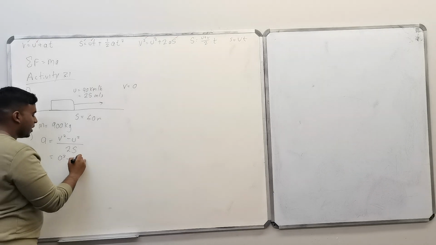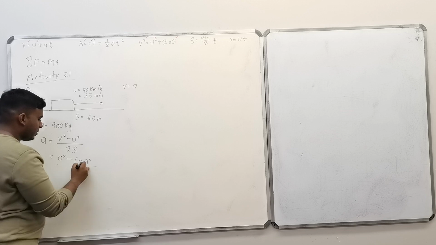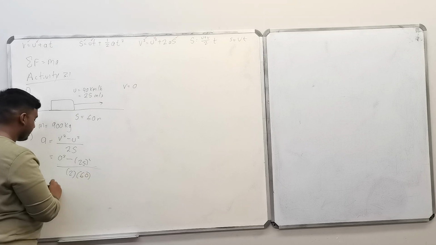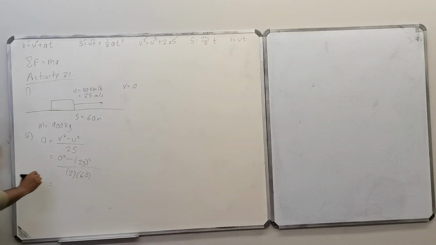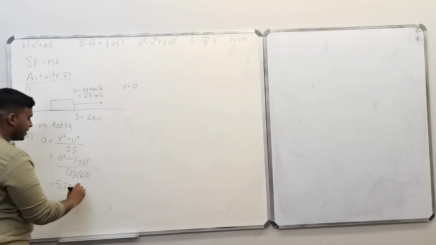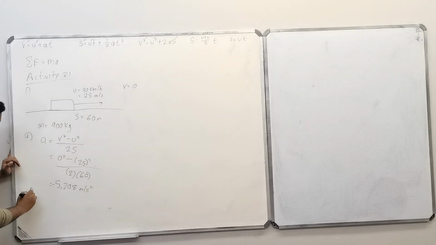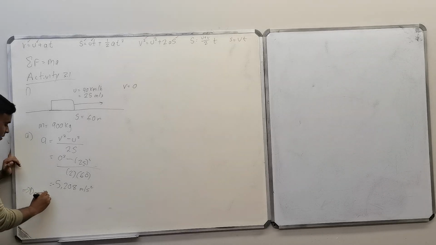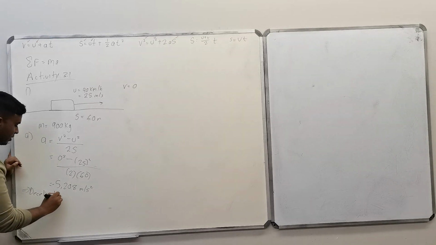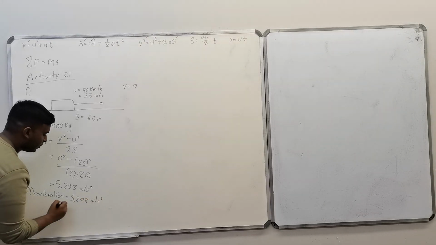So this here would be 25 squared all over 2 times 60, which will be negative, 5.208 meters per second squared. Okay, it's deceleration. So you'll say, therefore, deceleration is equal to 5.208 meters per second squared.